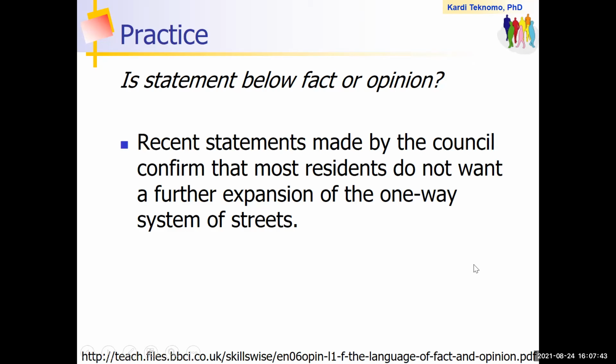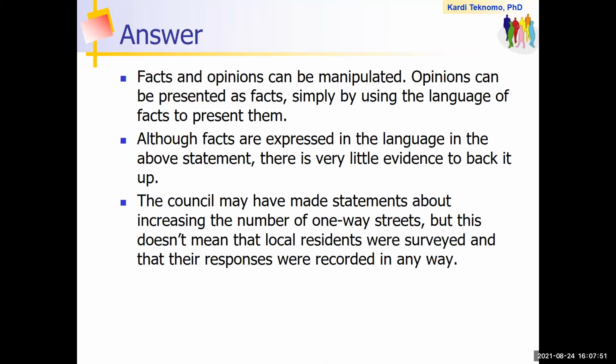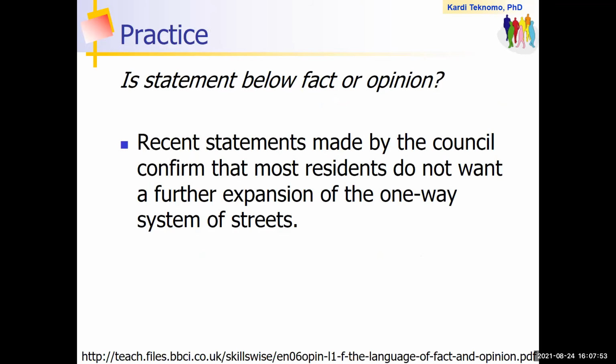Why is it fact, and why is it opinion? Because it's been confirmed. So "confirmed" is the keyword for fact, right?